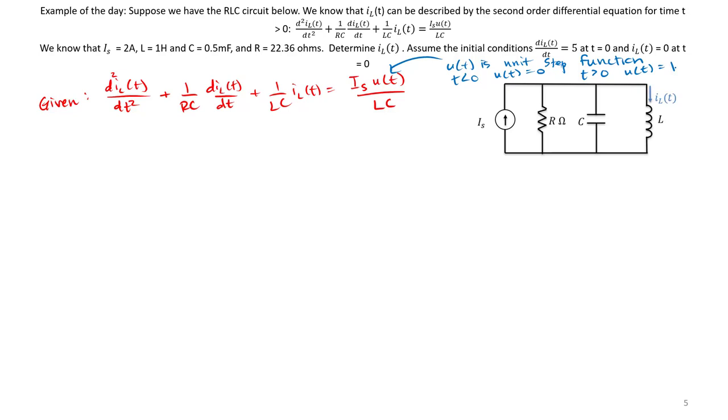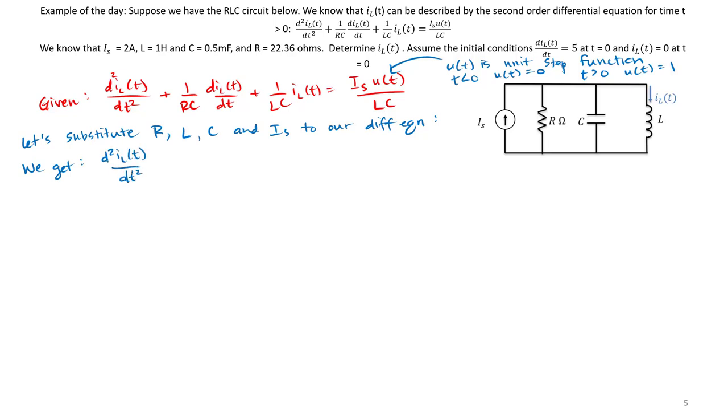So let's go ahead and substitute what we know into our differential equation. Let's substitute R, L, C, and IS into our differential equation, and see what we get. We've got our second derivative term, plus we have 1 over RC.